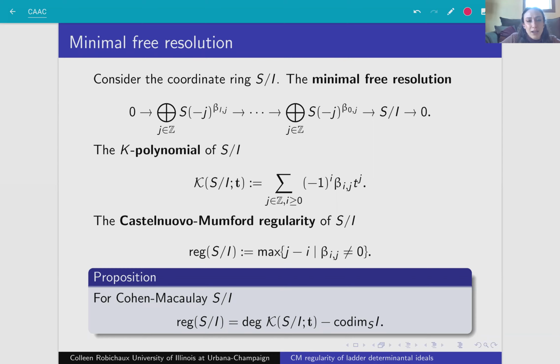But if I am not sure how complicated my coordinate ring is, maybe I don't want to have to write down the minimal free resolution to get this check. So we'd like an easier way to compute this regularity. And in fact, when our coordinate ring is Cohen-Macaulay, we have such a nicer way. In the Cohen-Macaulay setting, this regularity can be computed by just taking the degree of your K-polynomial and subtracting off the codimension of your ideal.